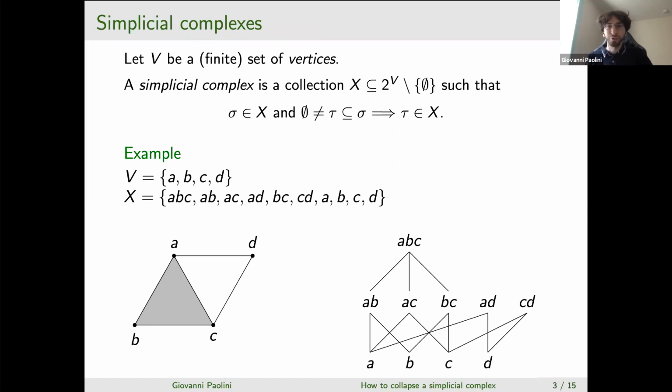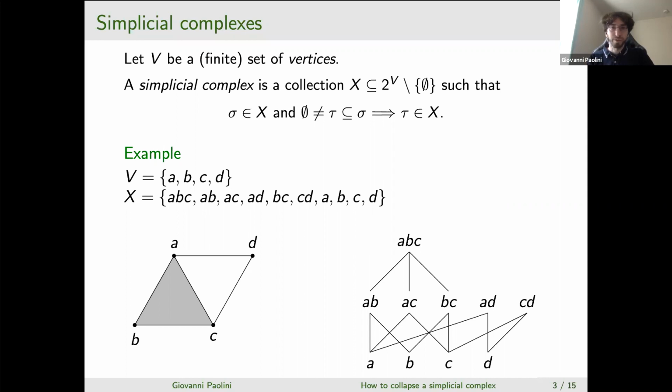Okay, we already know from the previous talk what a simplicial complex is. I just want to mention that we are both interested in the topological picture, which is here on the left. So a simplicial complex consists of many simplices or faces glued together. But we're also interested in the combinatorial side on the right, where we look at a simplicial complex as a poset.